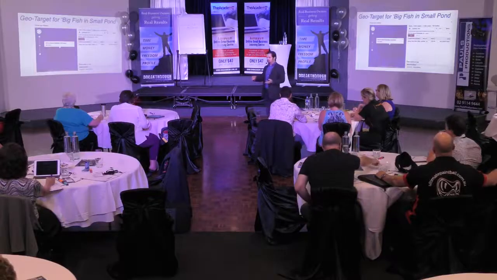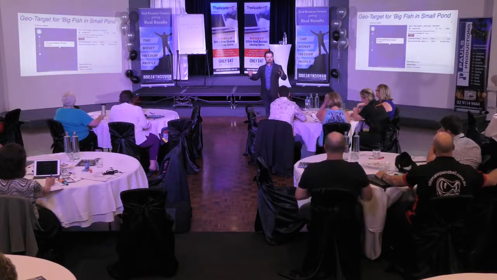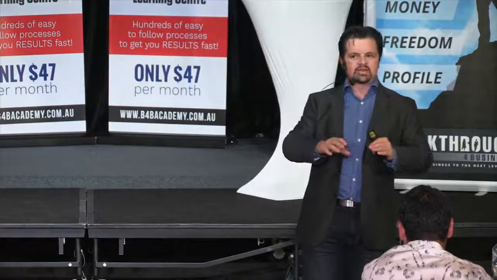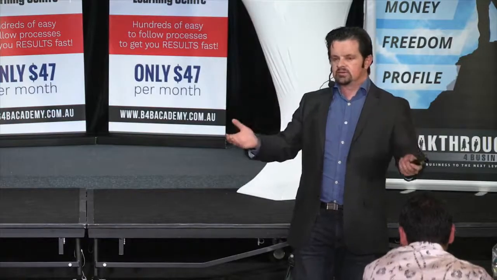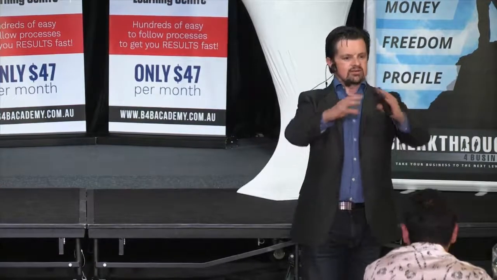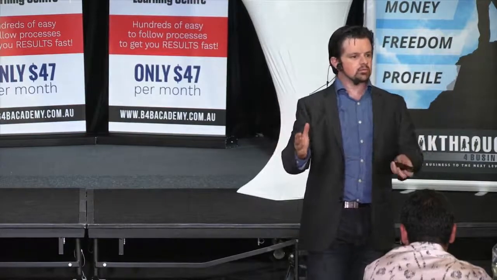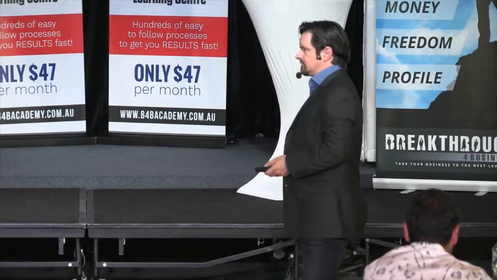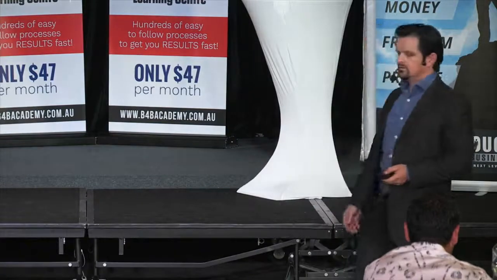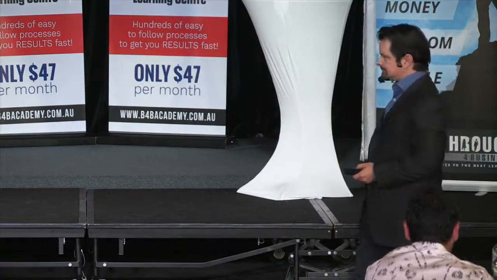You might not want to target the whole of New South Wales. You may want to target just 20 or 30 Ks around your office. So while a lot of people think Google AdWords may be expensive, what about if you were only trying to target people in that area? So you can see how you've already trimmed your costs way, way down, and you can do this on a bit of a shoestring. So that's a really, really good thing to think about.